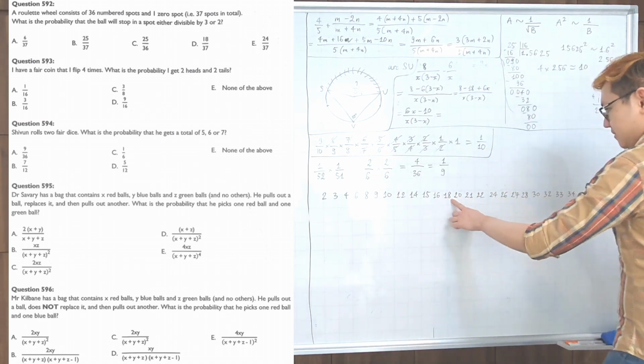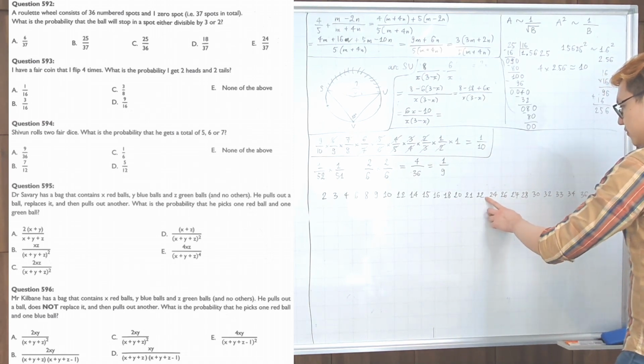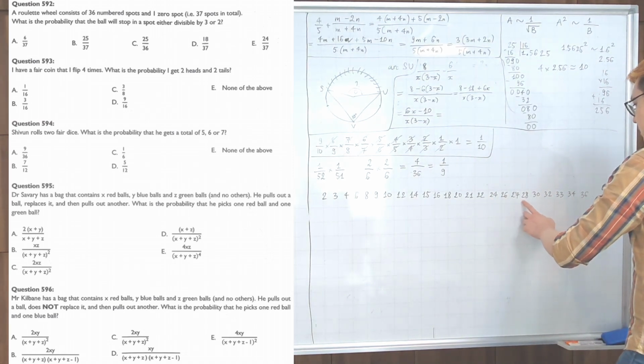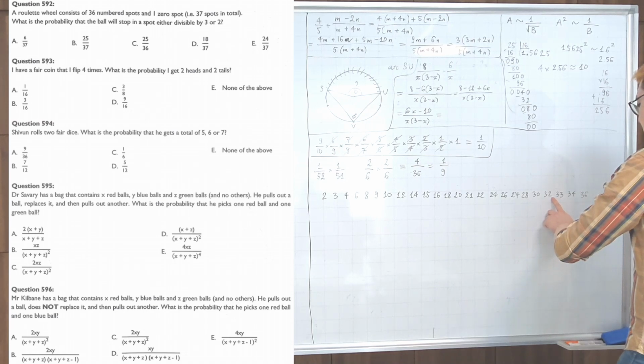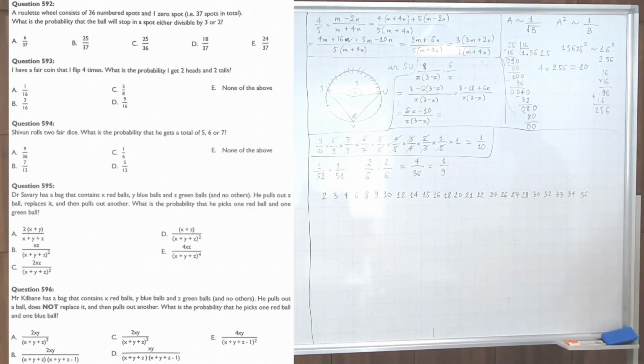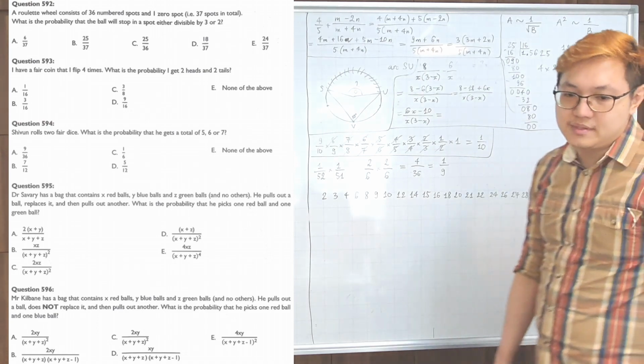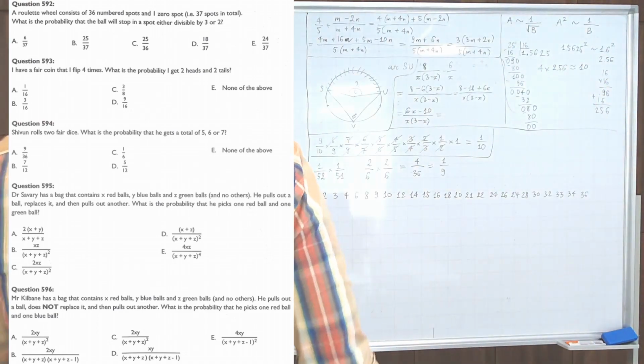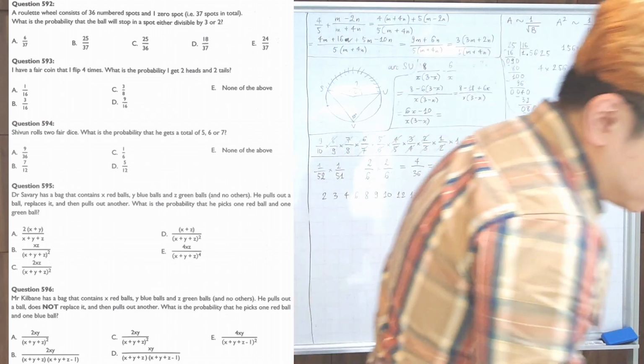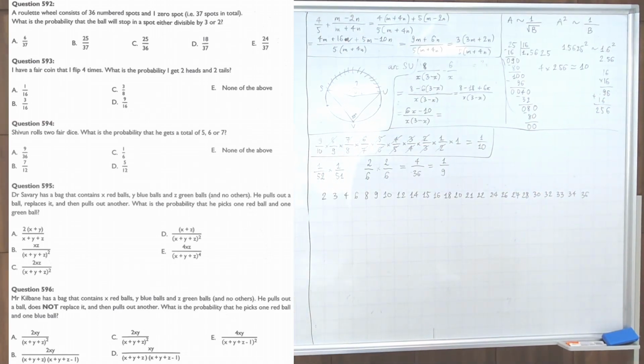Nine, 12, 15, 18, 21, 24. So there are 24 numbers that can be divisible by 2 or 3 from 0 to 36. So the answer is E, 24 out of 37. Okay.